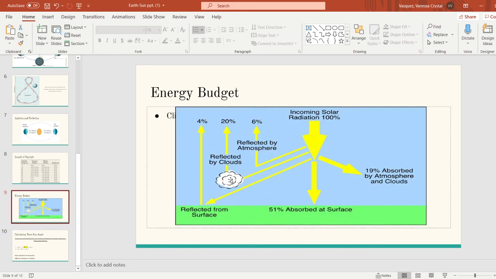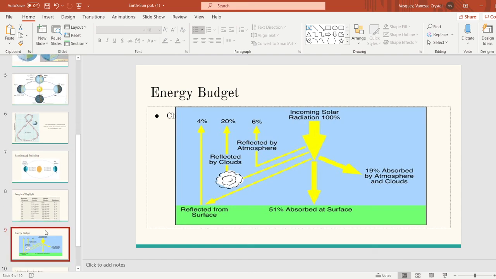This is what you will be focusing on for your lab on the energy budget.